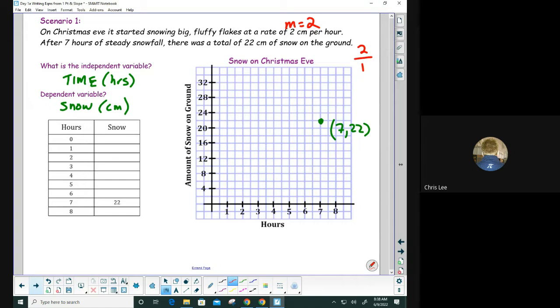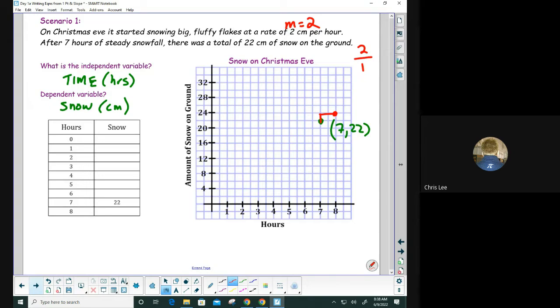If you rise 2 centimeters, how many squares is that on your scale? That's 1. That's right. So you're only going to rise 1 square because that's 2 centimeters. And then I need to run 1. How many squares is 1 hour? 2 squares. Yeah, it feels a little backwards.